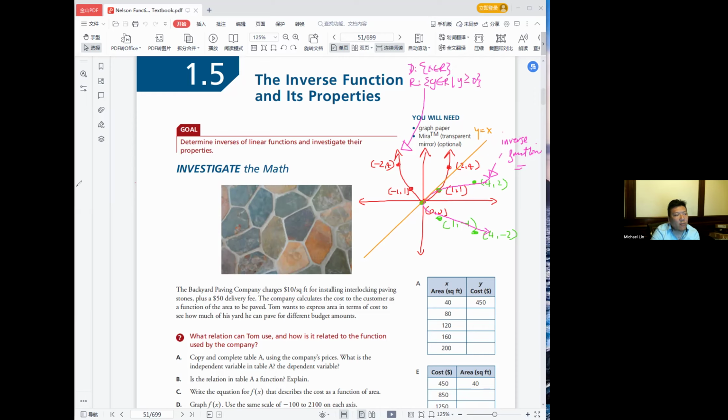The domain of my inverse function is going to be x belongs to all real numbers such that x has to be greater than or equal to 0. And then for the range, it's simply y belongs to all real numbers. So you can see this domain became the range, and this range became the domain of my inverse function.